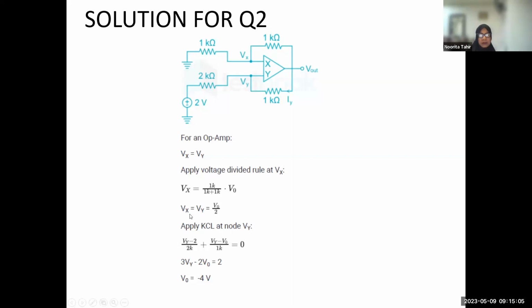So Vx is equal to Vy, which is V out over 2. Then you apply KCL, Kirchhoff's current law, and you replace Vy with V out over 2, and you have V out equal to minus 4 volt.